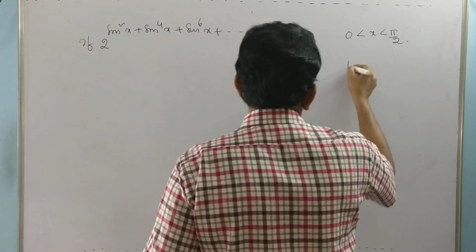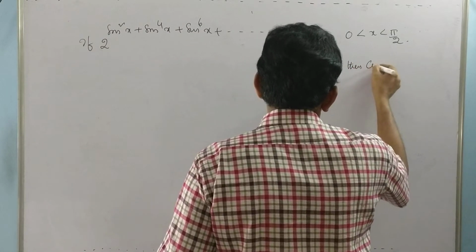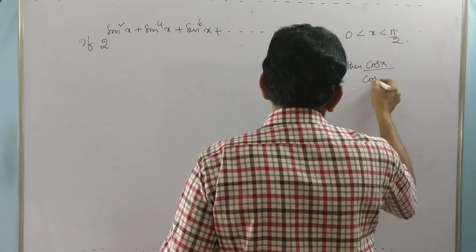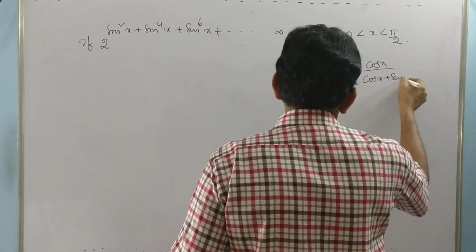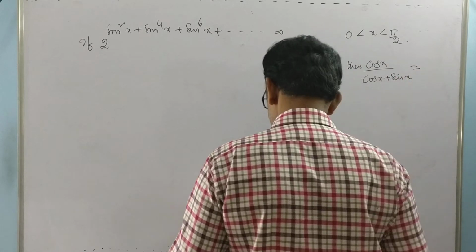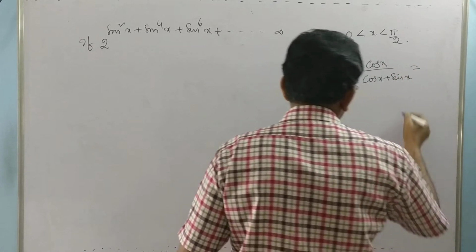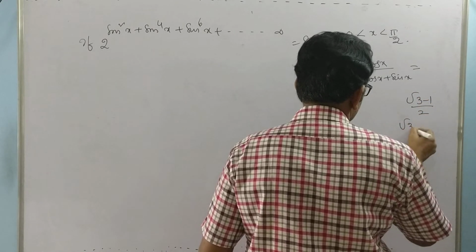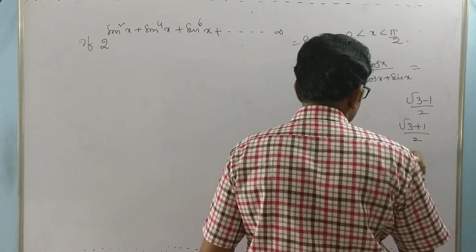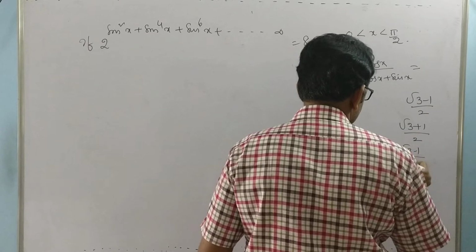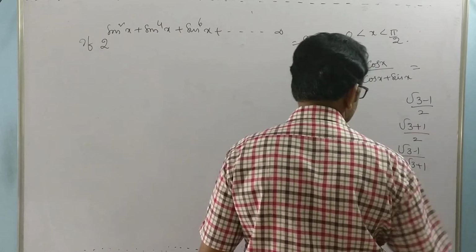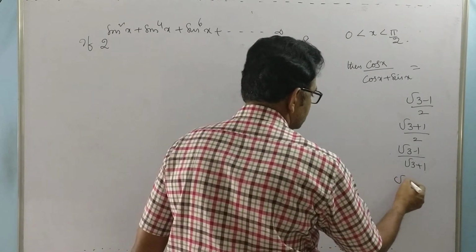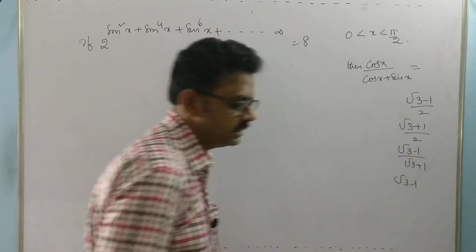Then cos x by cos x plus sin x is equal to, first option, root 3 minus 1 by 2, root 3 plus 1 by 2, root 3 minus 1 by root 3 plus 1, and root 3 minus 1. So these are the options.